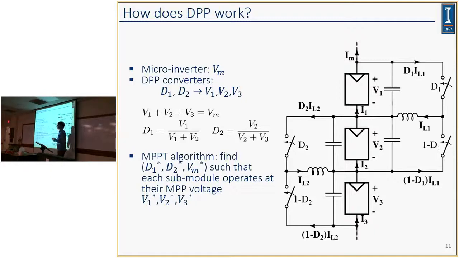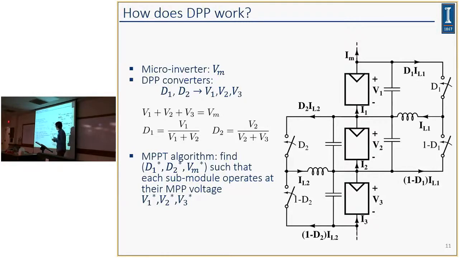And for DPP converters, they can adjust their own duty ratio to enforce a certain voltage ratio between neighboring converters. So the relation of voltage and duty ratio is actually shown here. So this DPP system is actually governed by these three equations. For each irradiance condition, each submodule has its own maximum power point voltage.